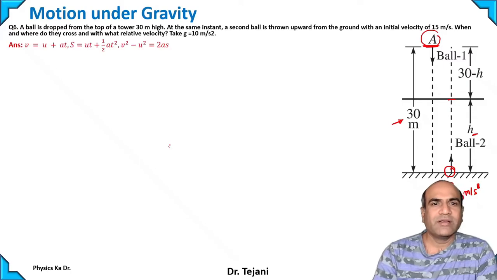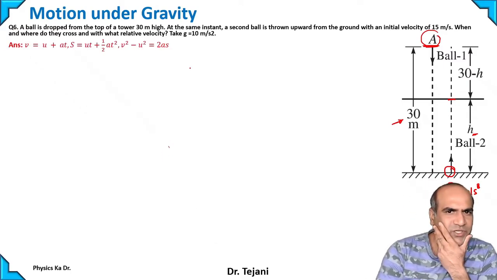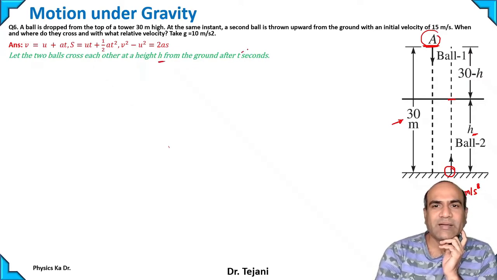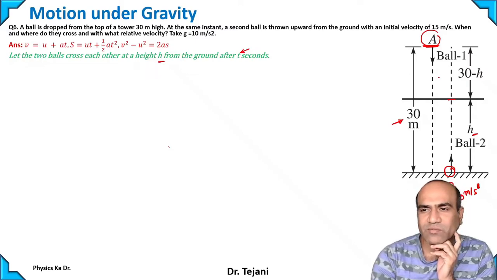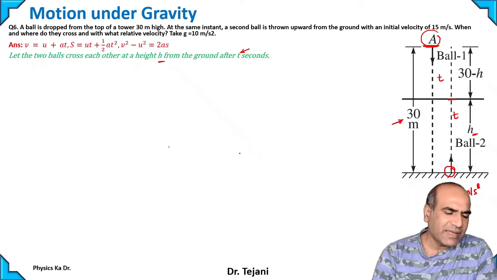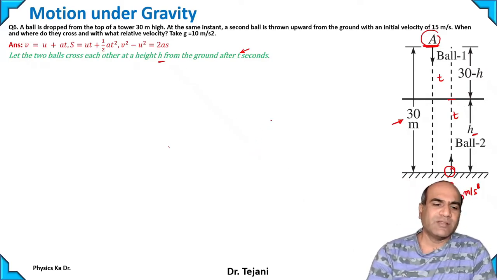We have the equation of motion. The two balls cross each other. Let's assume h is the height and the time is t. Whatever time is taken by ball 1 must be equal to ball 2, because both are dropped at the same time.